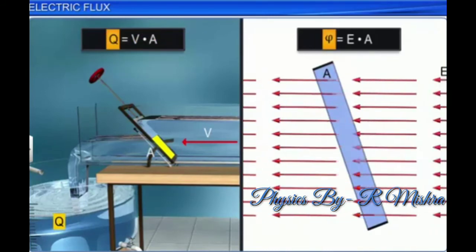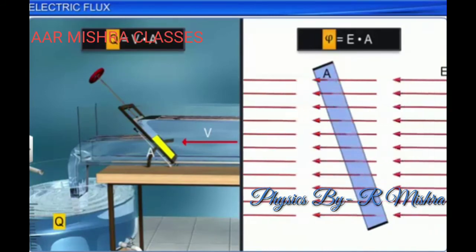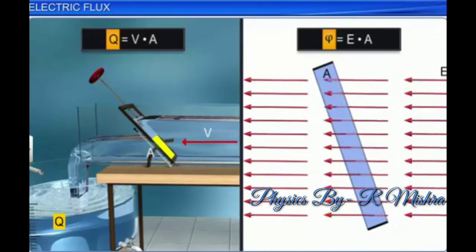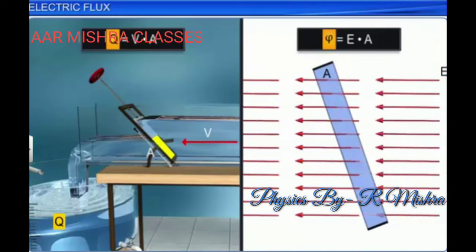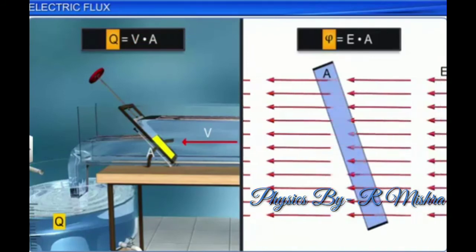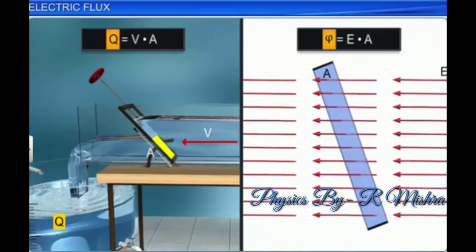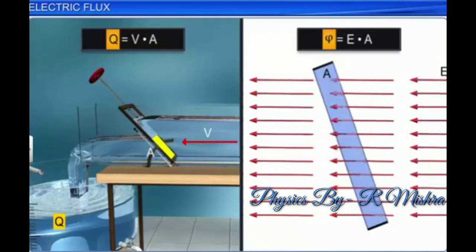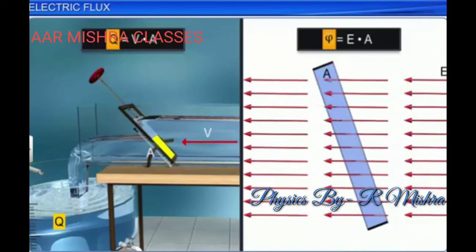Like Q, phi is also a scalar quantity. However, unlike in Q, where there is flow of water, nothing flows in electric flux. There are only imaginary electric lines of force that cut across the area.